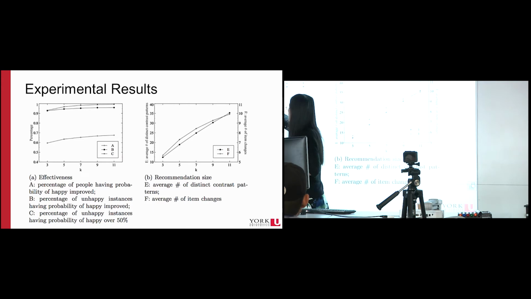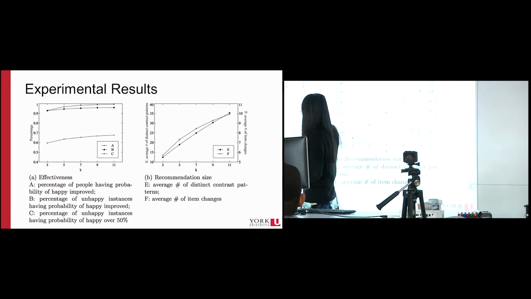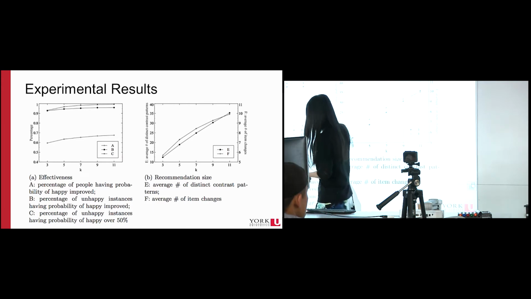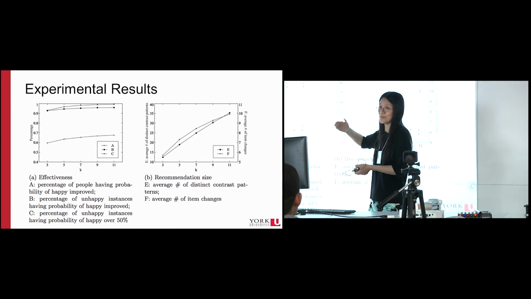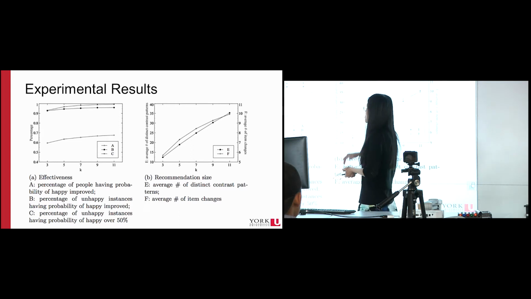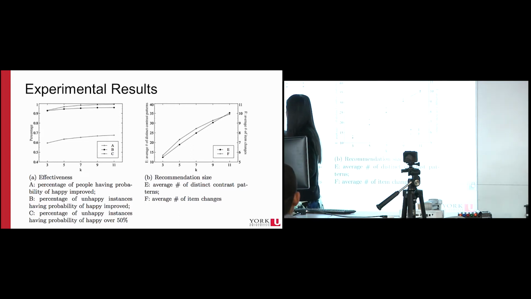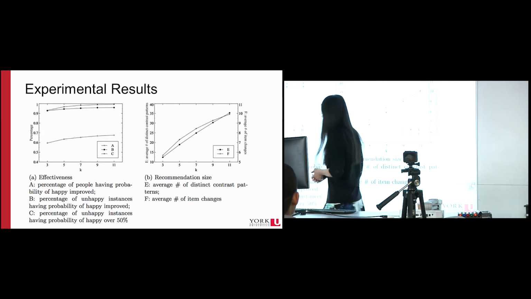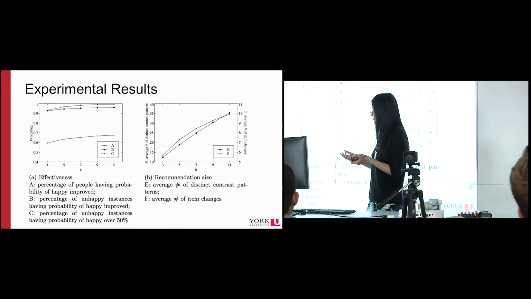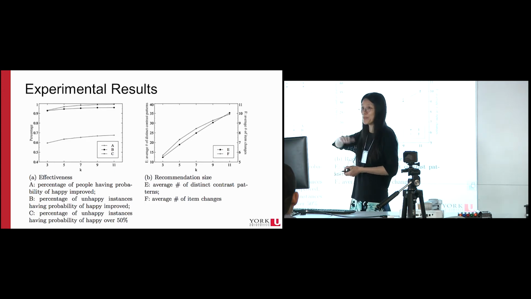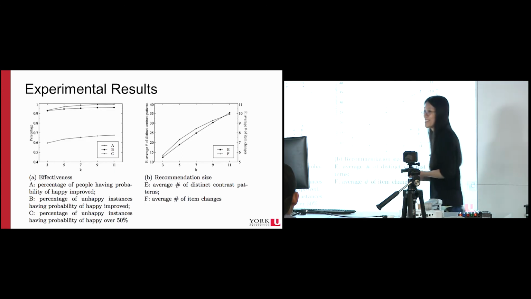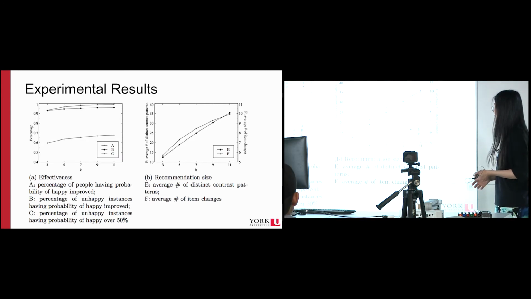This line shows the percentage of unhappy people having their probability of happiness improved after recommendation, which is also over 90%. And this is the percentage of people having their probability of happiness improved for the general category of people, including the happy people. So the happy people also have improvements. Even if the person is already happy, the probability of happiness improved.